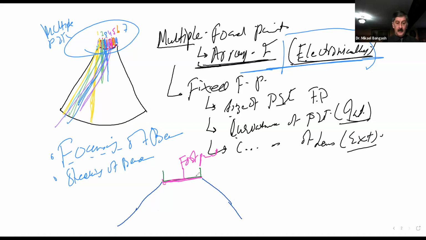Because some transducers have a small footprint, but they are able to scan greater and greater areas than the footprint. And that mainly requires that the beam get steered.